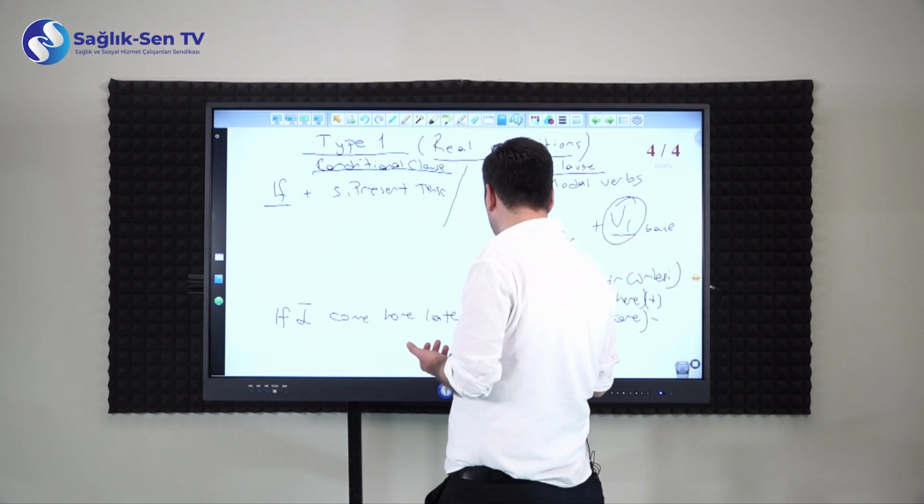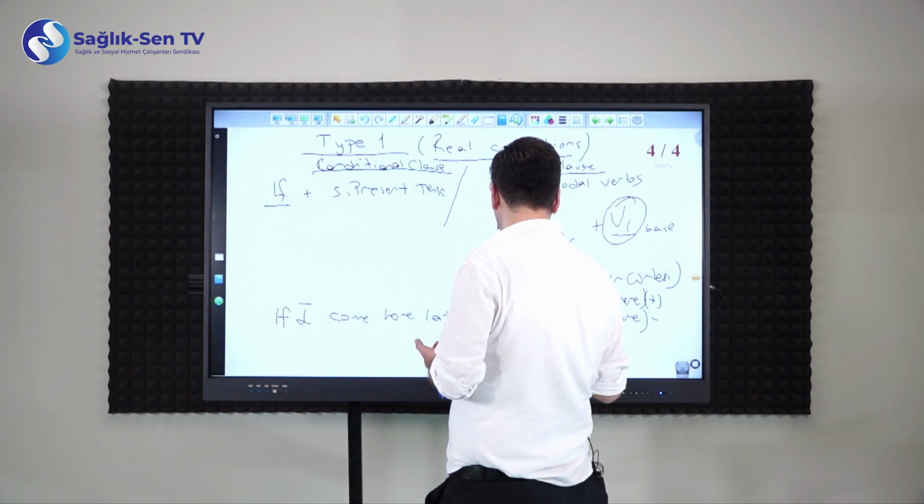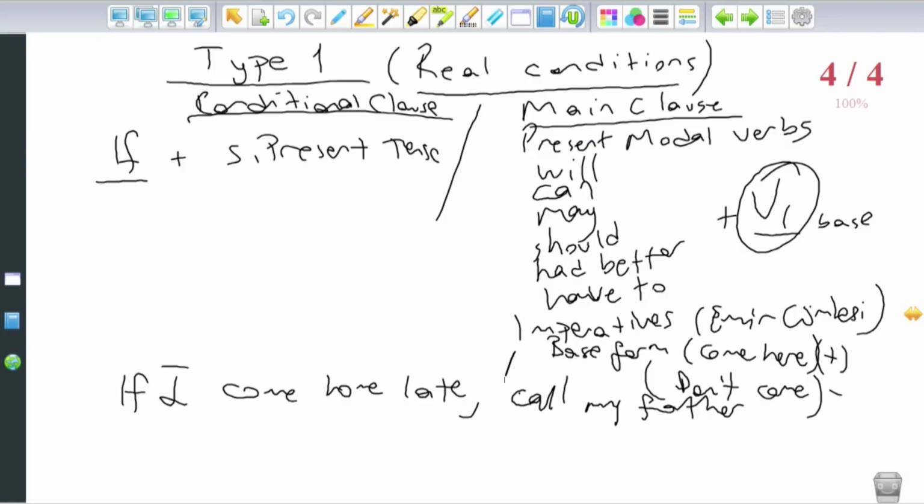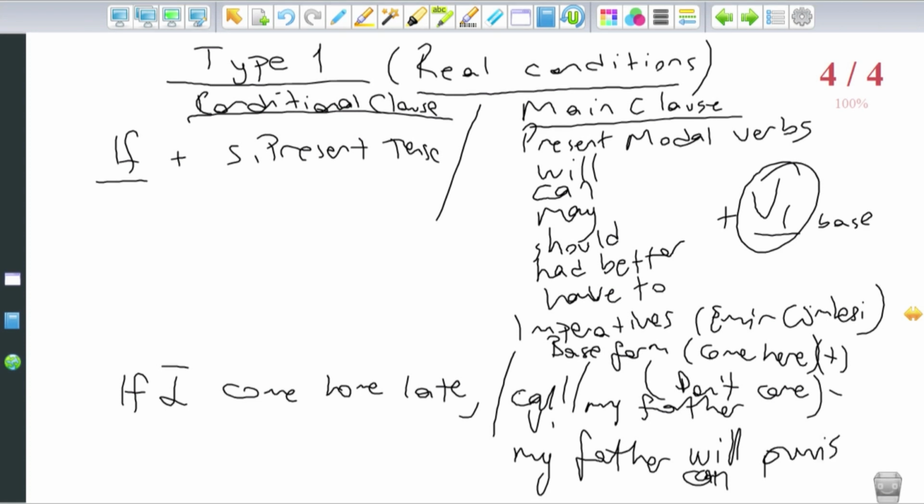For my main clause, call my father. As an imperative structure, I use only verb one. My father will or can, it doesn't matter, just use one of them according to its meaning, will punish me.